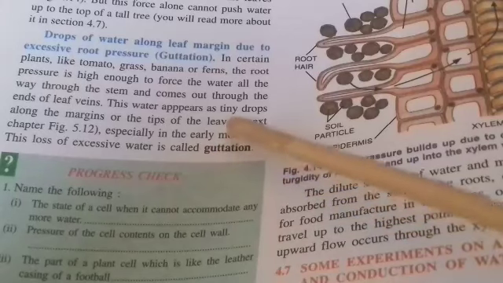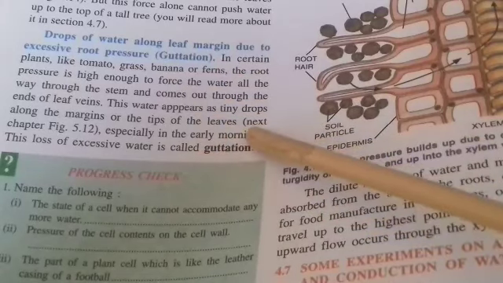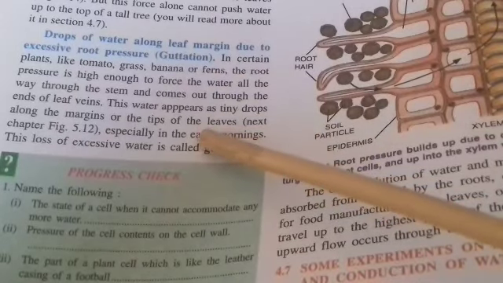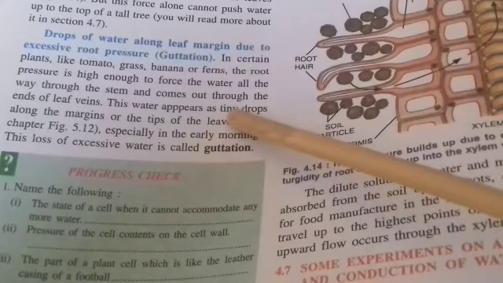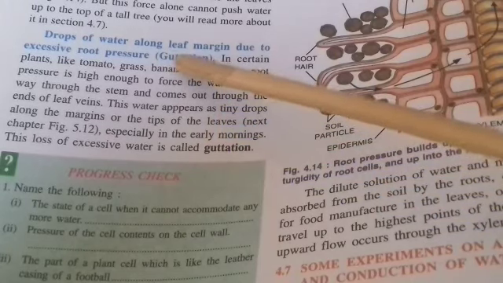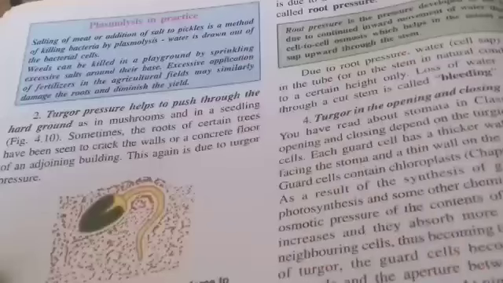These droplets of water come due to the process of guttation. In the early morning there is less transpiration and root pressure is more. So water comes out of the leaf margins through the veins. That process is known as guttation. Okay.